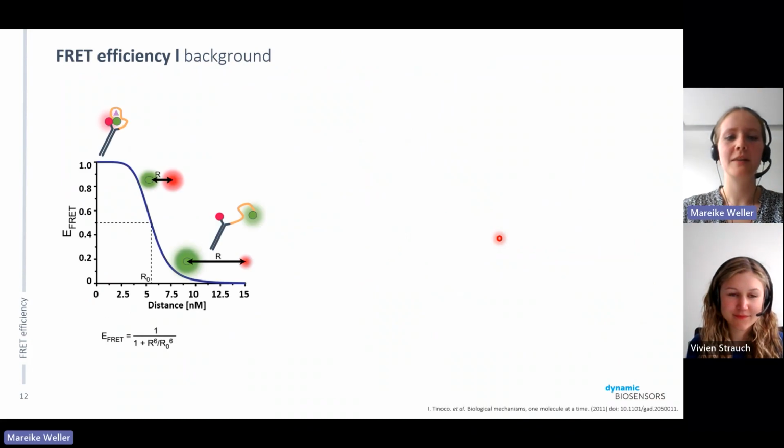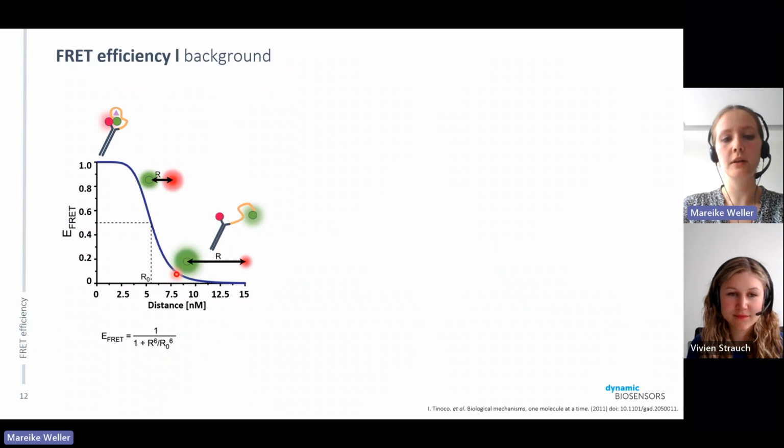So again, about how to interpret these data, we want to look at a very simple theory. The efficiency of the FRET transfer is very distance dependent because it goes with the factor of -6.